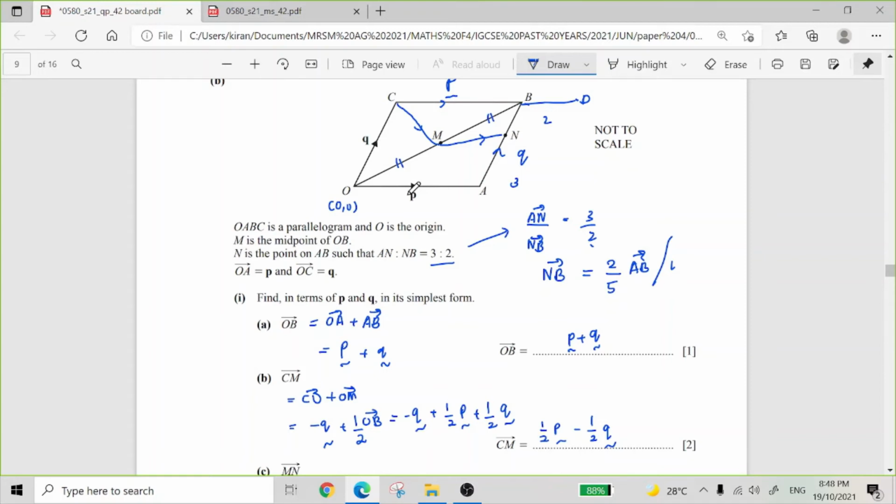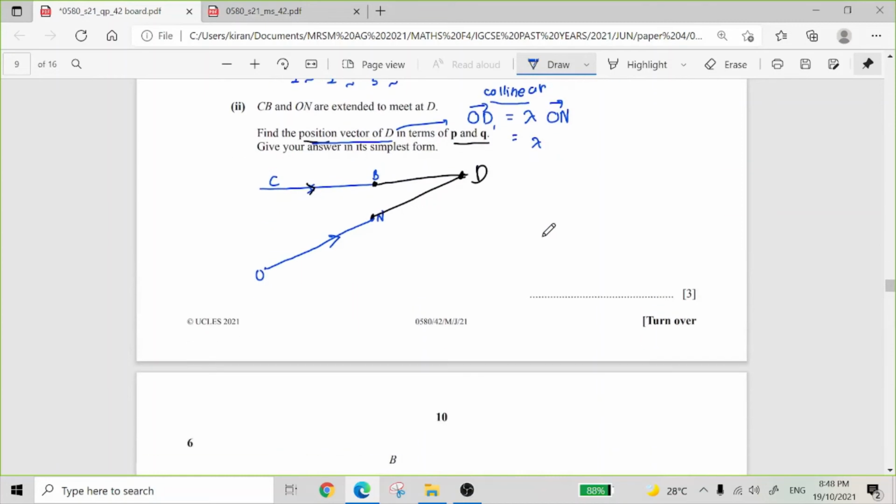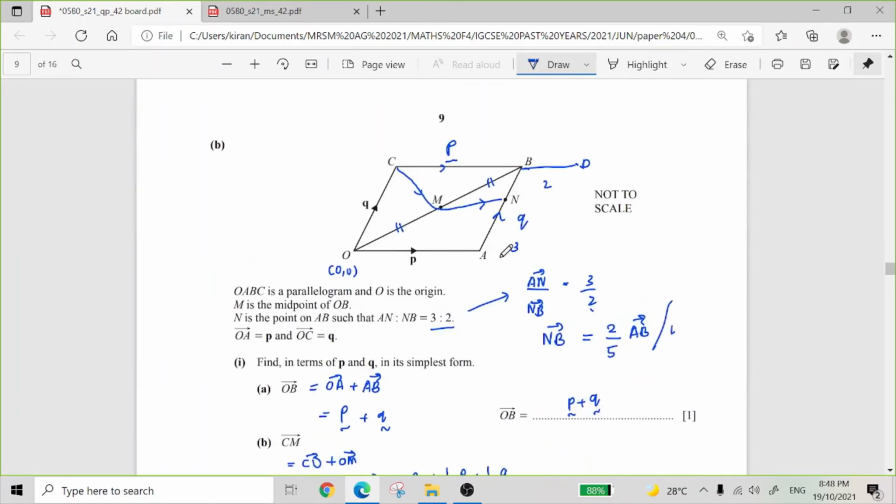So actually we have to calculate what is vector ON. ON is OE plus EN. We know that vector OE is P, and vector EN, looking here, is 3 over 5 of AB.